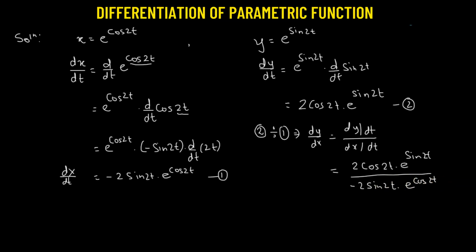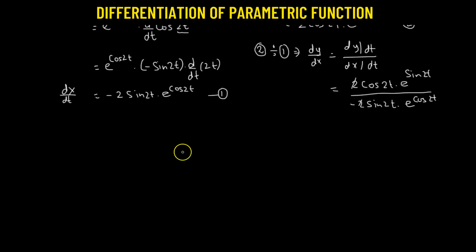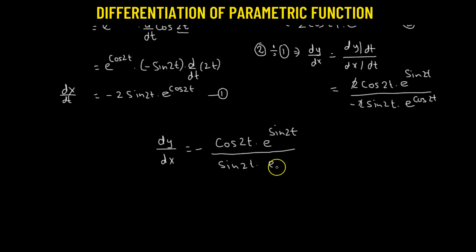Now 2 and 2 will get cancelled. So we finally have the derivative of y with respect to x. So this is given by negative cosine of 2t multiplied by e raised to the power of sine 2t, whole thing divided by sine 2t times e raised to the power of cosine of 2t.